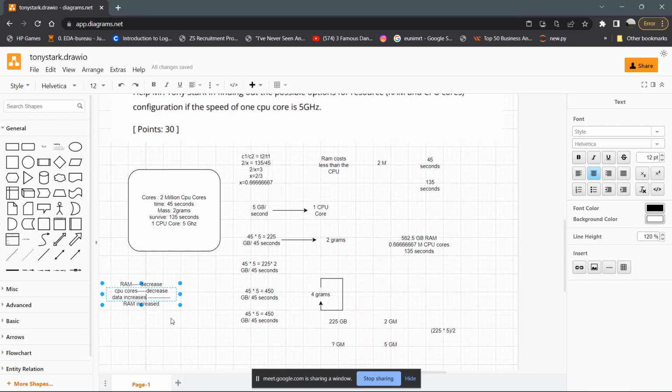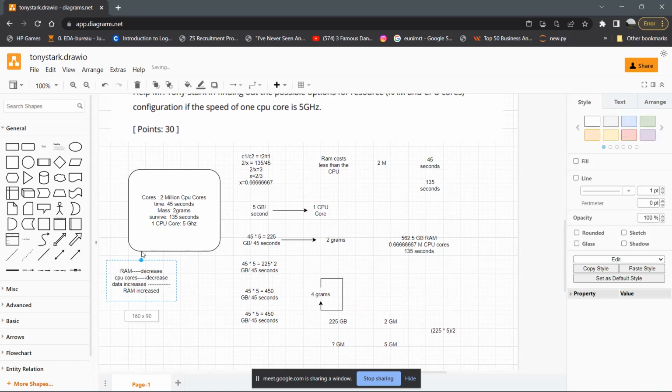Now if you see this, we are having different kinds of relations here: one where something is increasing and the other thing is decreasing, and another where increasing and increasing is happening.